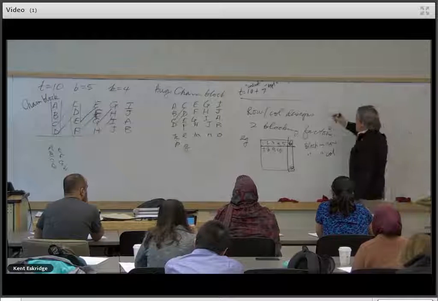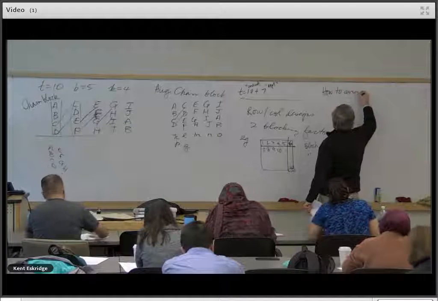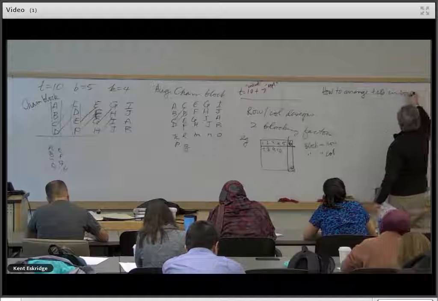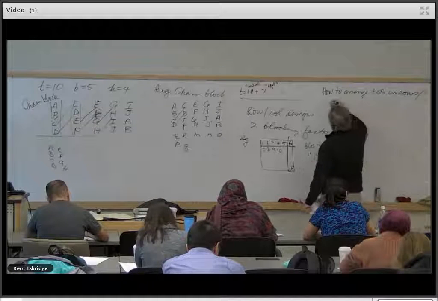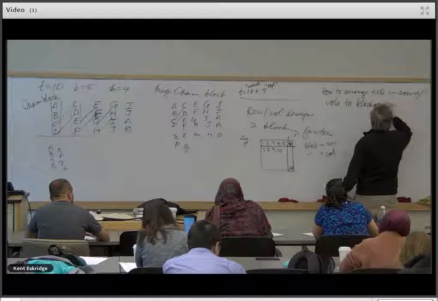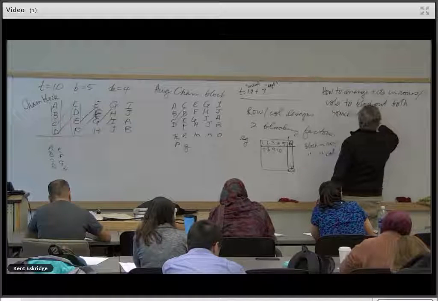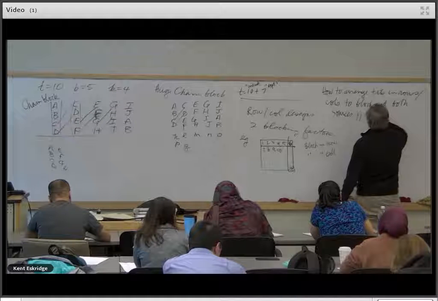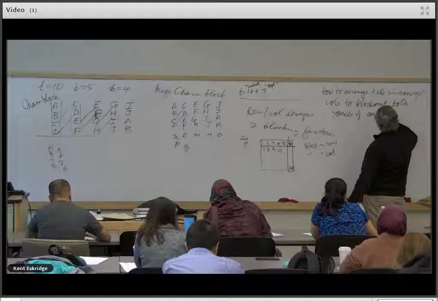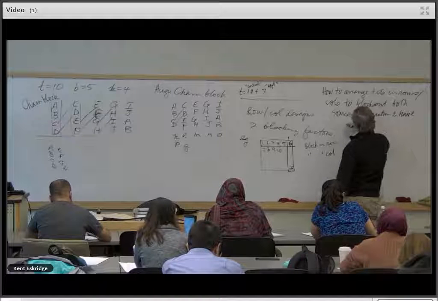So how do we arrange treatments in rows and columns to block out both sources of variation, both sources of error, and have the most precise comparisons among treatments?